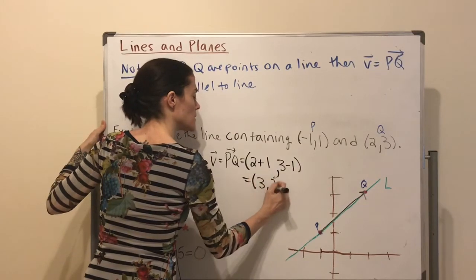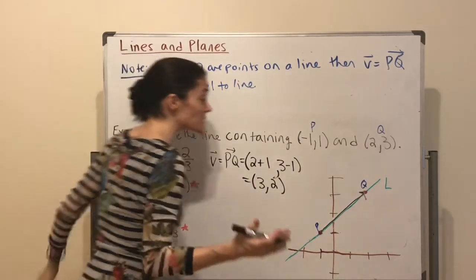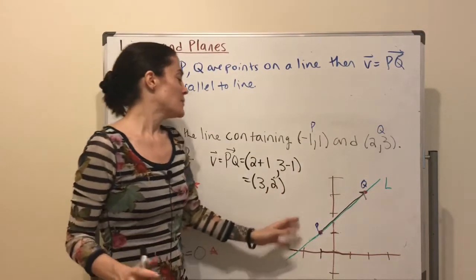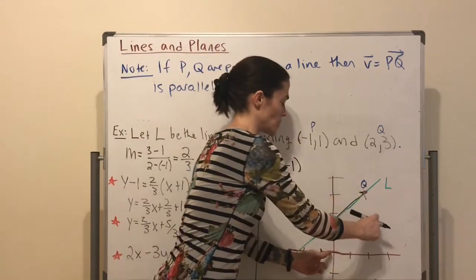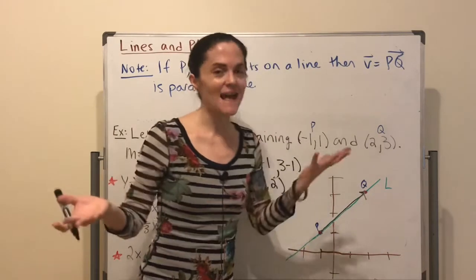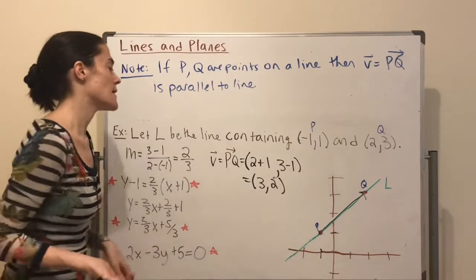This is 3, 2. So this vector, as I have drawn it, sits in L, but we know the same vector could be drawn starting at the origin, and that's where we get this parallel to the line.